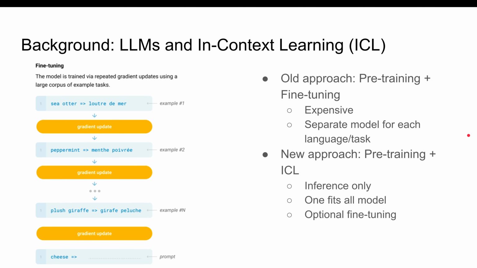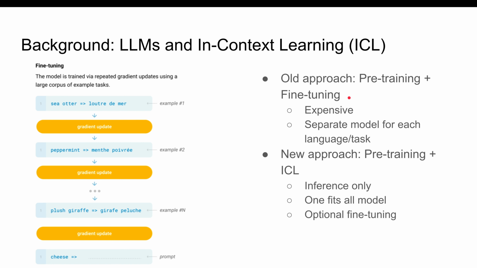Noting the success of the direct translation approach, we realized that it might be possible for large language models to do end-to-end translation as well. So some background about how large language models may be useful via in-context learning. In the previous approaches, what we used to do is pre-train a model and fine-tune it.